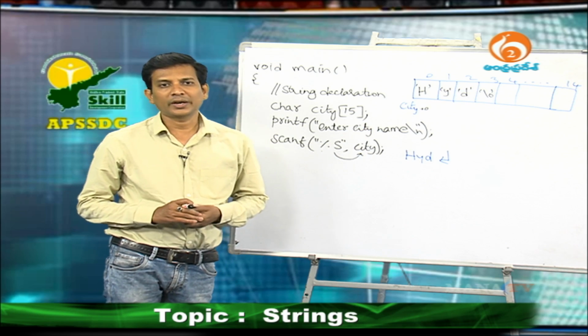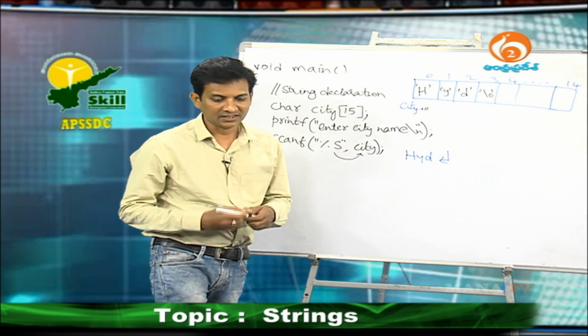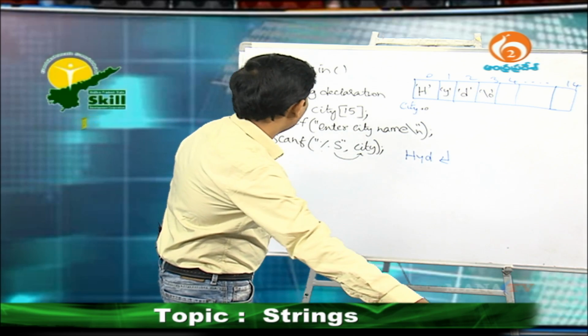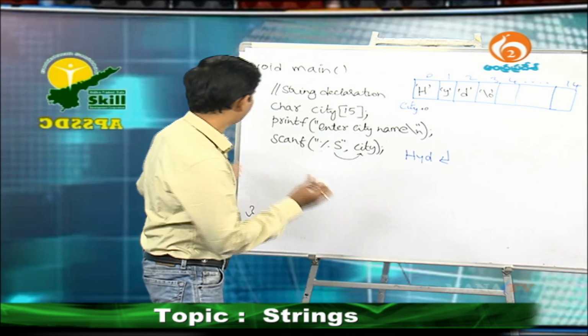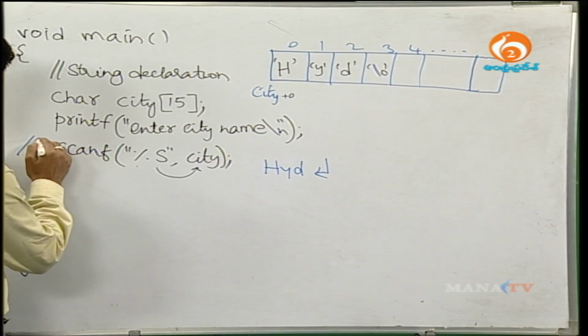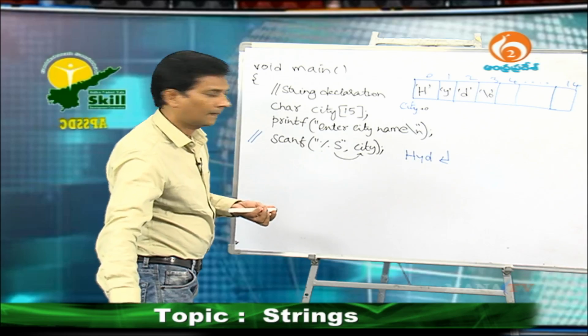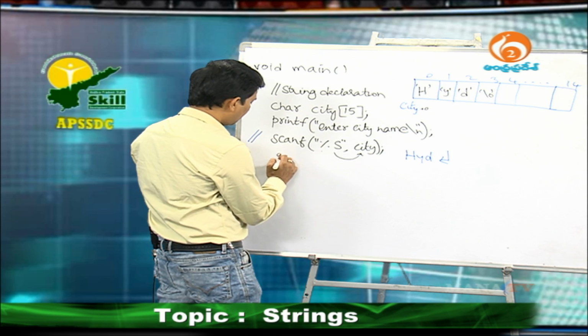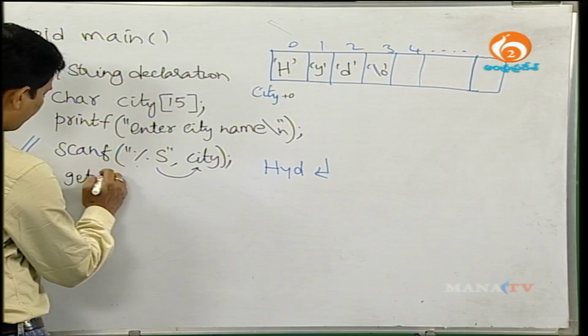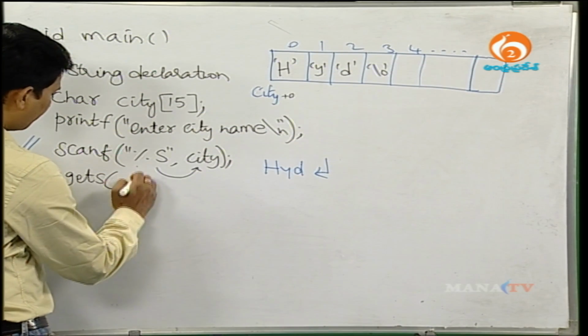Another way of reading from the keyboard is the gets function. Just simply I am making the scanf a comment. After printf, I am writing gets of city.